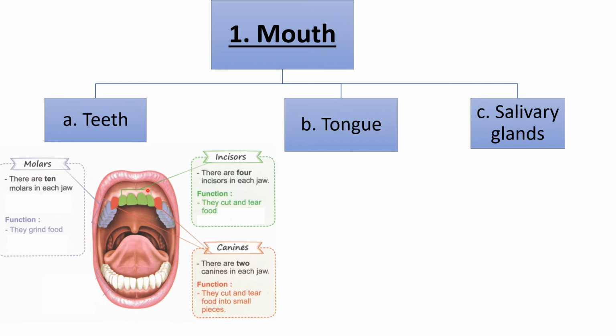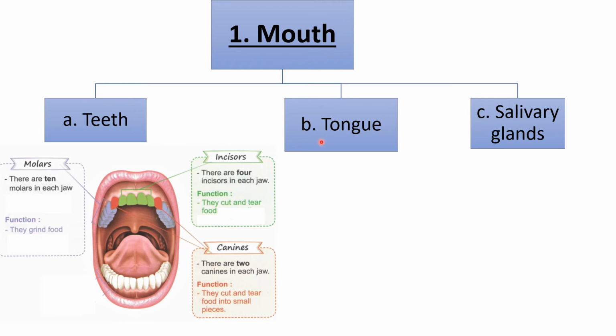The number of teeth in an adult is 32, where each jaw has 16 teeth, divided into 4 incisors and 2 canines, and their function is to cut and tear food. And there are 10 molars in each jaw, and their function is to grind food.